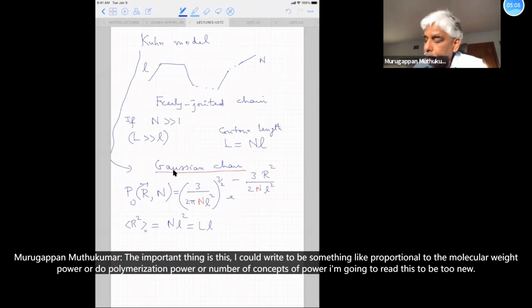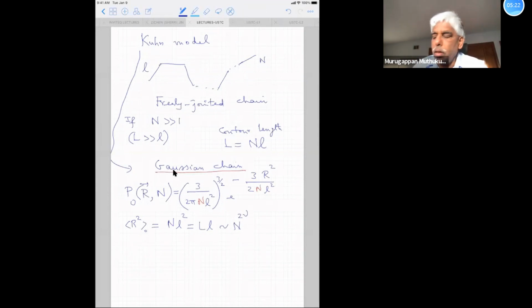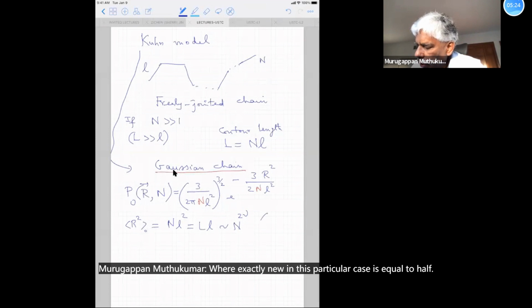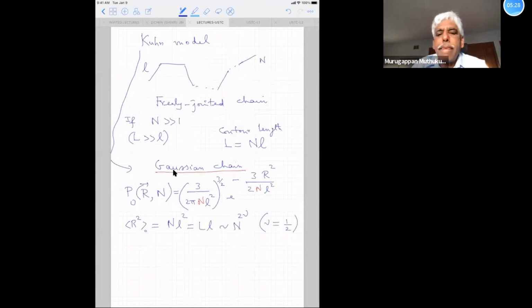The important thing is this: I could write it as proportional to the molecular weight, or degree of polymerization, or number of Kuhn steps, to the power 2 nu, where in this particular case nu is equal to half.